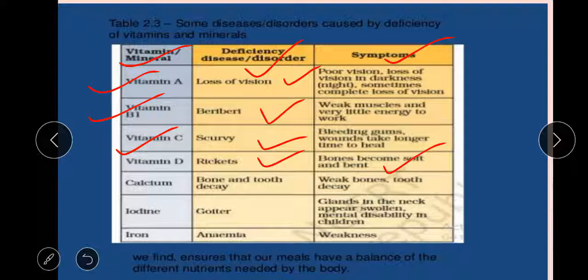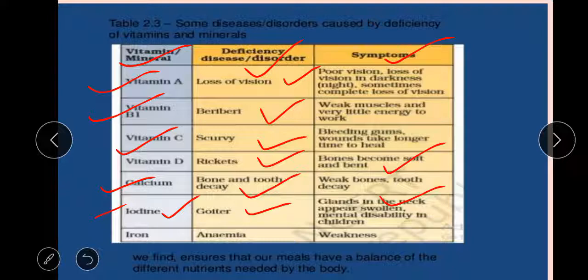And the deficiency of some minerals like calcium, iodine, and iron. The deficiency of calcium causes bone and tooth decay, and the symptoms will be weak bones, tooth decay, etc. In case of lack of iodine, the disease will be goiter.